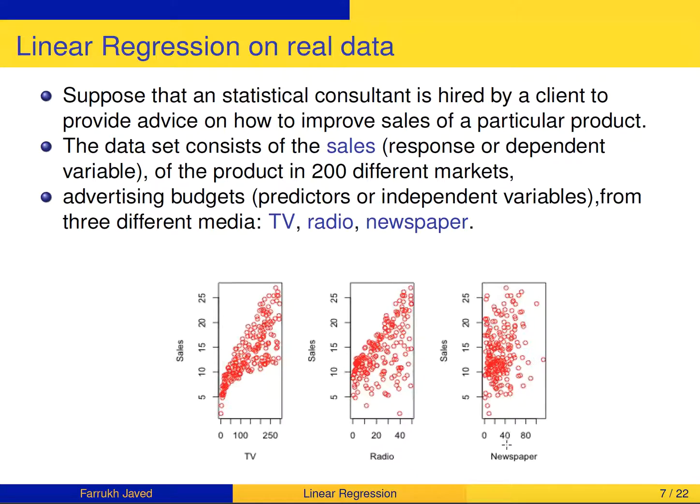So somehow it's not clear here either how newspaper advertisement and sales are associated with one another. So far from these three pictures, I can see that TV is very linearly associated with sales, but I am not sure about radio and newspaper. Yes, for radio I can see some type of relationship, but not very obvious. For newspaper, there is no relationship I can see.